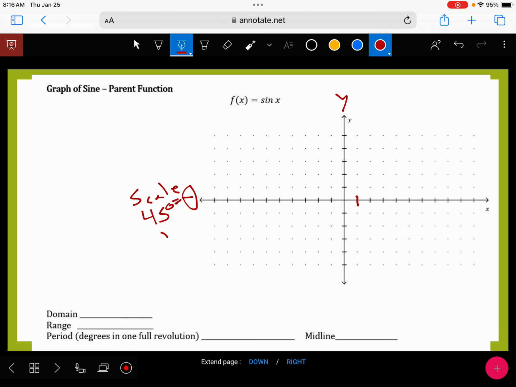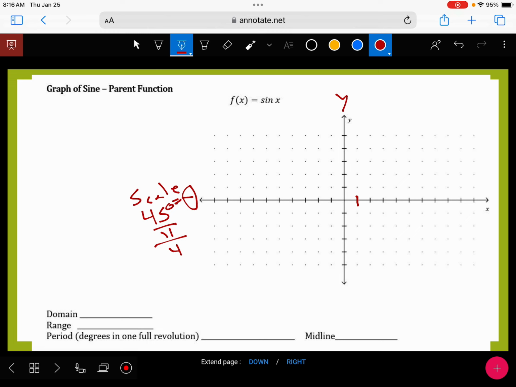Another way to think about that is in radians. It might actually be easier to think about in radians. Every horizontal tick mark is pi over 4.